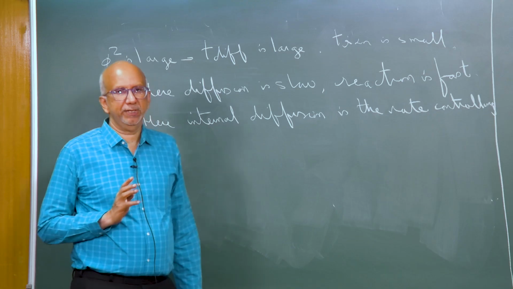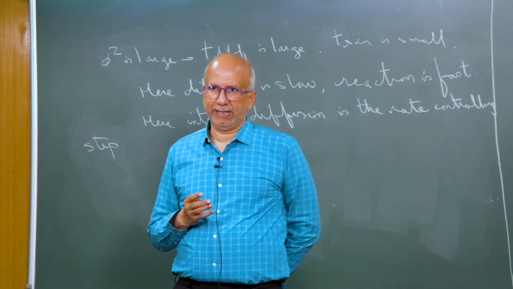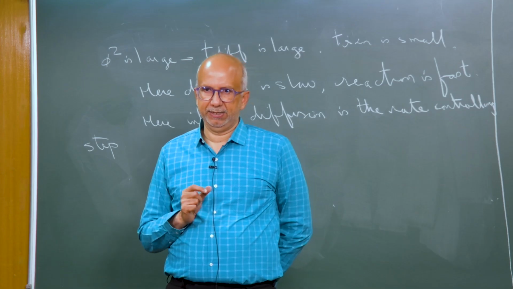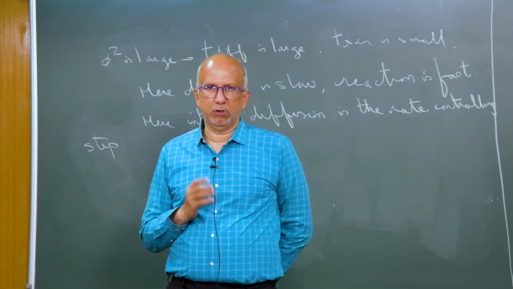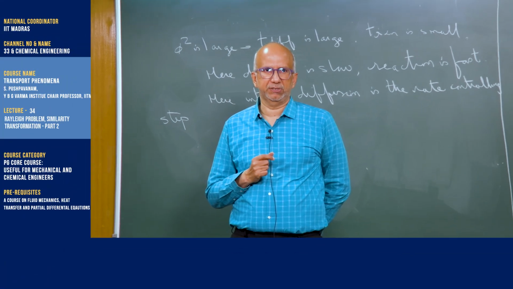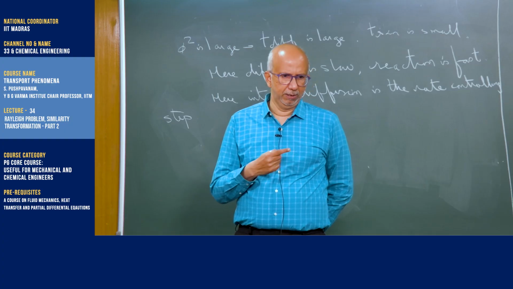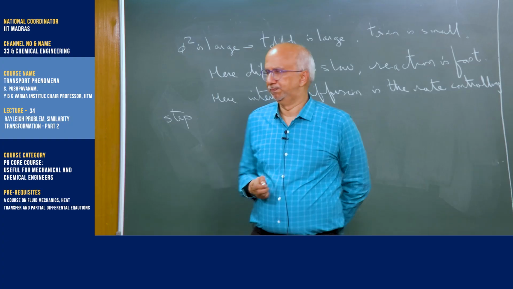Now, supposing you have a reactor, and let us say it is a catalytic reactor, it has catalyst in it, and the performance is not very good. You are expecting a lot more conversion, but you are getting low conversion. Then what you have to do is come back and look at the phi squared value.